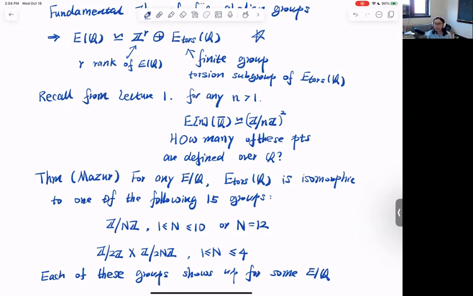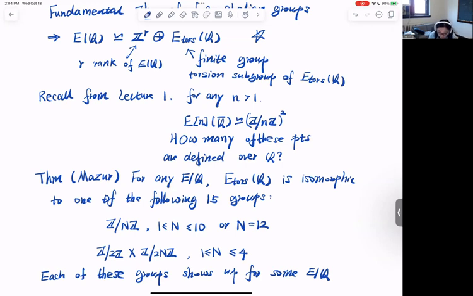So from this reduction method, we can very explicitly compute the set of rational torsion points on any elliptic curve E. And you can practice that with Magma. So for an elliptic curve defined over Q, the torsion part we have a relatively good understanding of, and we can very explicitly compute it for any given elliptic curve.